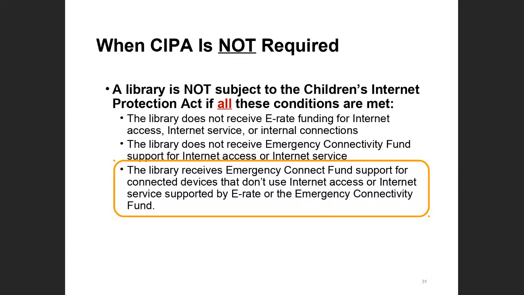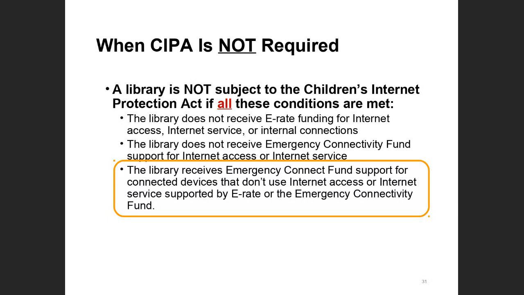If you're not going to use emergency connectivity fund for the internet service itself, then you could potentially request discounts on connected devices like laptops and tablets if they're not going to connect to some kind of internet source that is funded either by the E-rate program or the emergency connectivity fund.